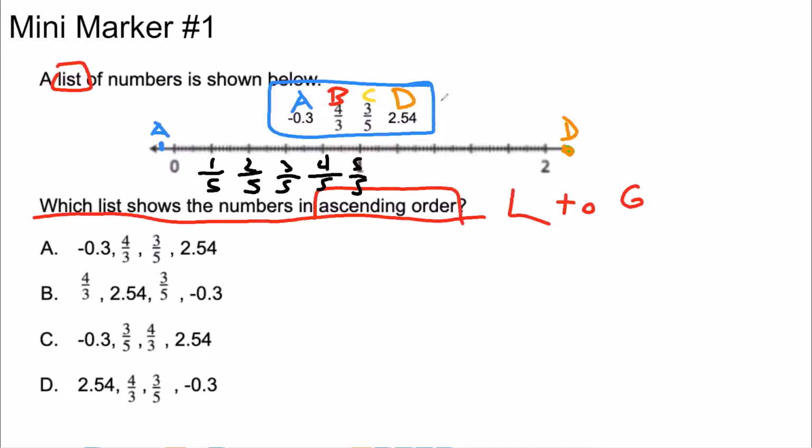Now, when I look at my common fractions, I can see that C has already been listed for me. Now, I just have to find the value of B, which is 4/3. So once again, we'll get started.